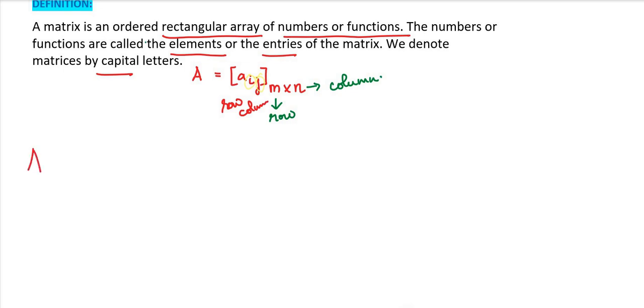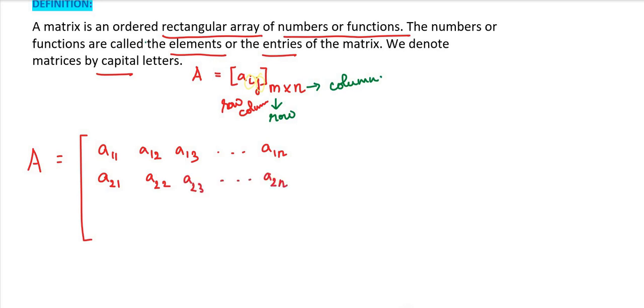So we will see what is a matrix. Now A is given by the elements a11, a12, a13, and it goes on up to a1n, so n number of columns. Next a21, a22, a23, and it goes on up to a2n, the second row with n columns. We take up to am1, am2, am3, and it goes on up to amn.